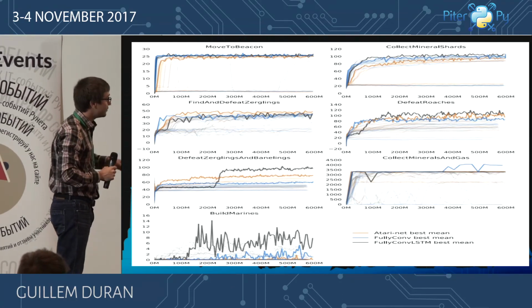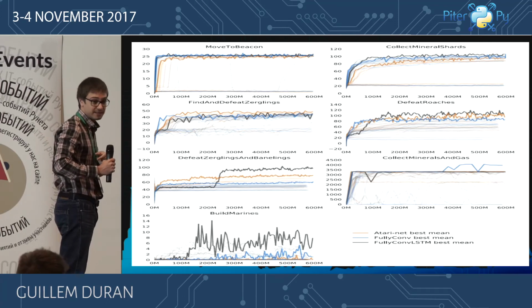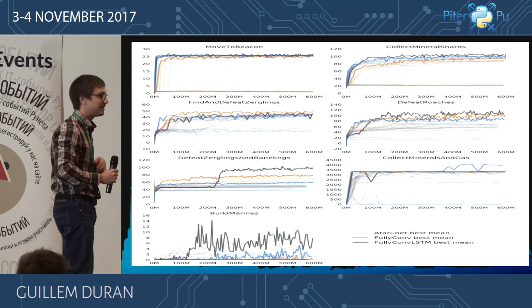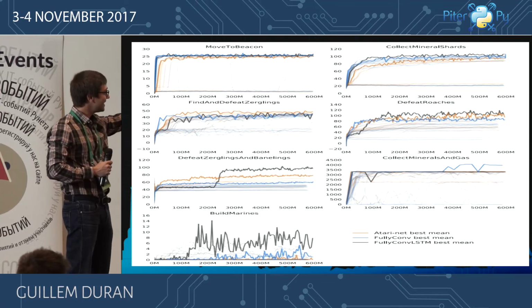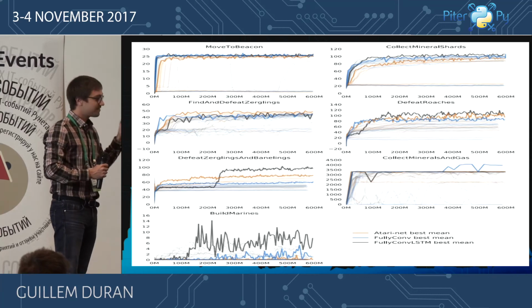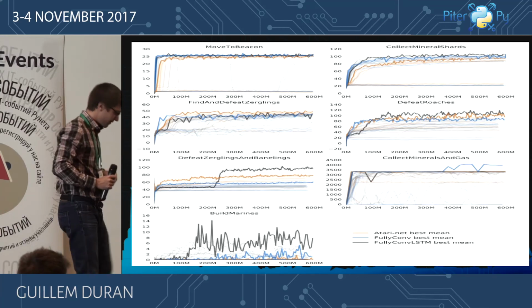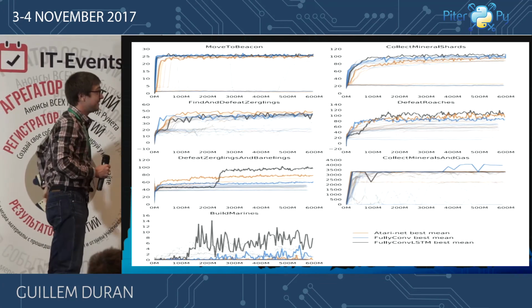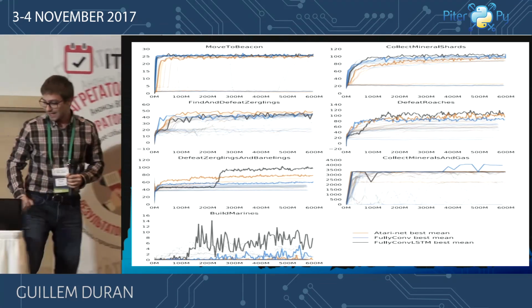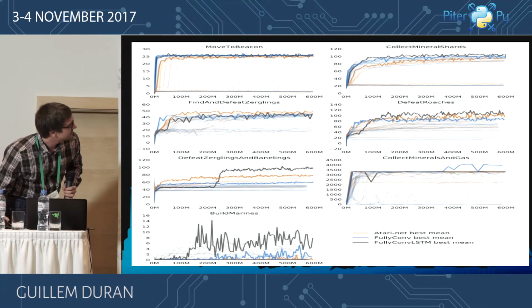But if you take a closer look, you can look at the appendix if you want. It's included in the list of papers. You see that for tasks like defeat Zerglings and Banelings, there are just two times where this algorithm performed well.